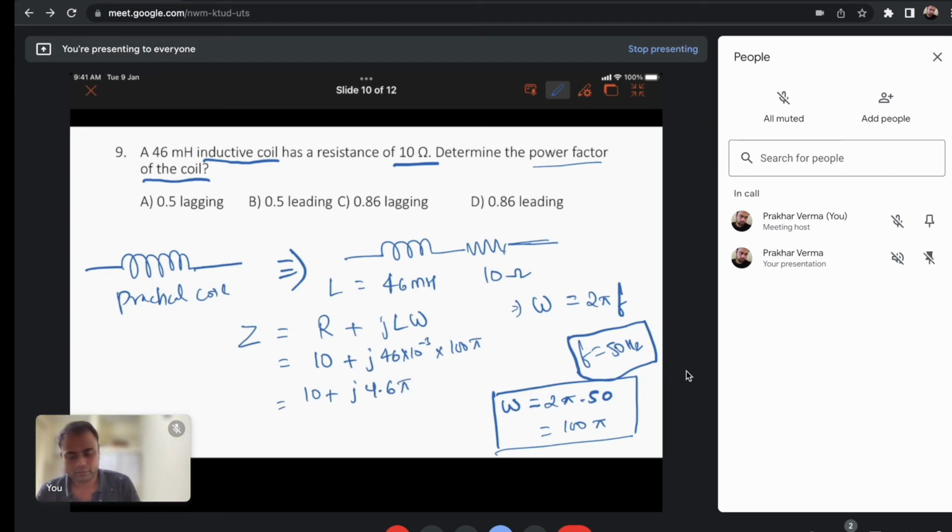So power factor is nothing but cos theta, and theta is here the angle between the resistance and the impedance. So the resistance is 10 ohms and inductive reactance is 4.6 pi ohms. So the equivalent Z value comes out somewhere here. So this angle theta is what we need, and the power factor is cos theta.